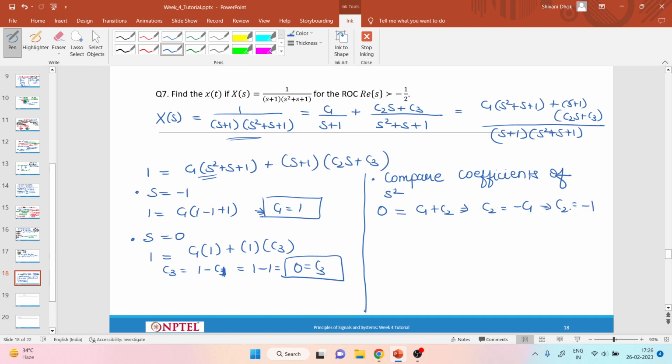Therefore X of s is equal to c1 upon s plus 1, that is 1 upon s plus 1 minus 1 upon s square plus s plus 1. So this is what I am having here, and now we need to find the inverse Laplace transform of this for the region of convergence given as this.